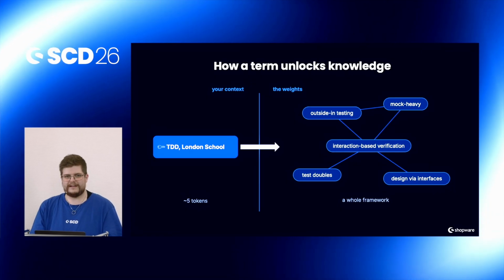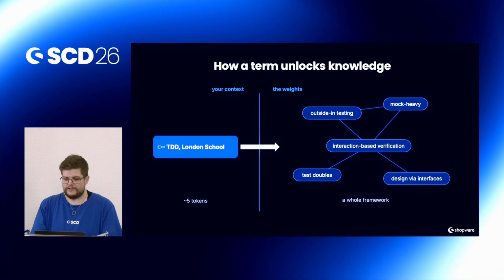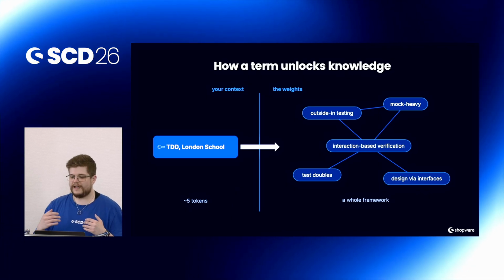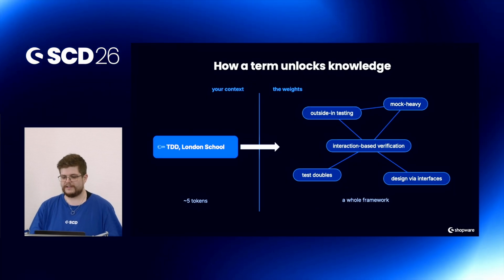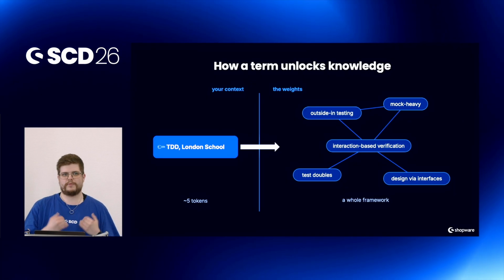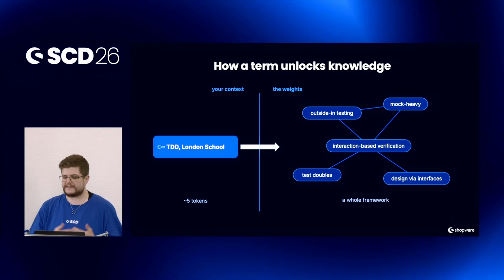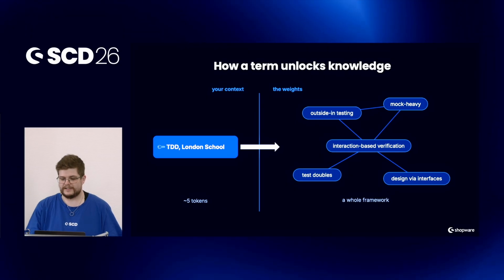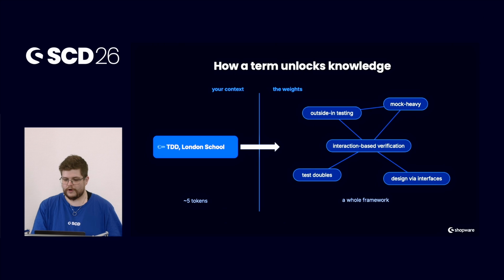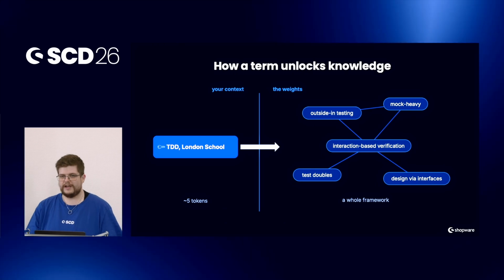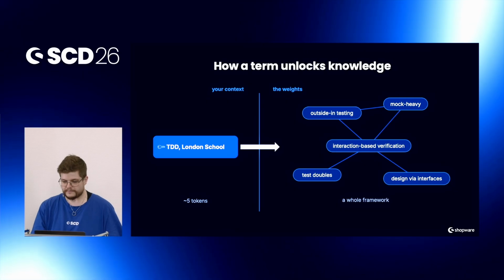If you say in your prompt something like TDD London School, you pull the whole cluster, outside-in testing, mock-heavy, interaction-based verification, into your response, into the whole processing. It's the same for clean architecture and also for SOLID. So you invoked a whole framework of knowledge in just 2 words, or even less than that.